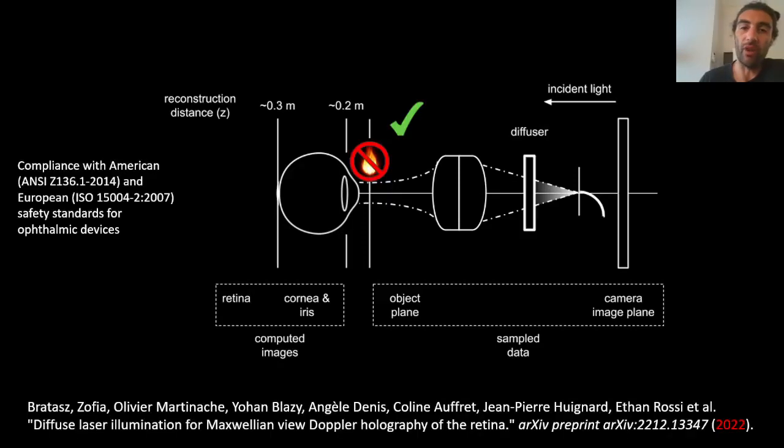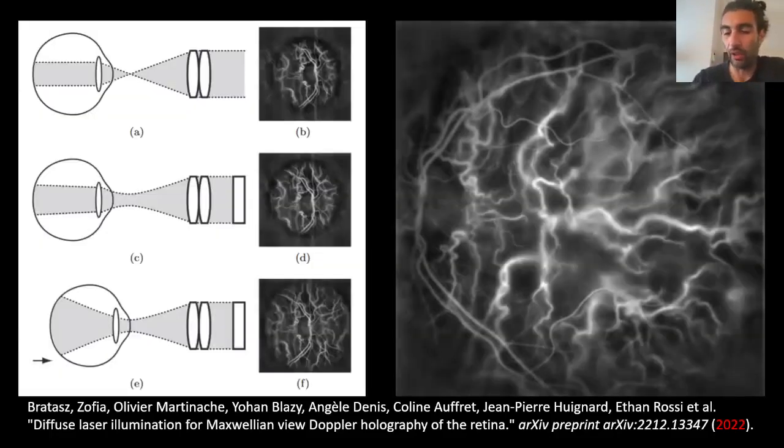So we avoided this issue by introducing a light diffuser, that makes the instrument now completely compliant with American and European safety standards by simply spreading, at the focal plane of the eyepiece, the set of two lenses that make the image in front of the cornea of the patient, the energy, and then we don't have any problems with the compliance with safety norms.